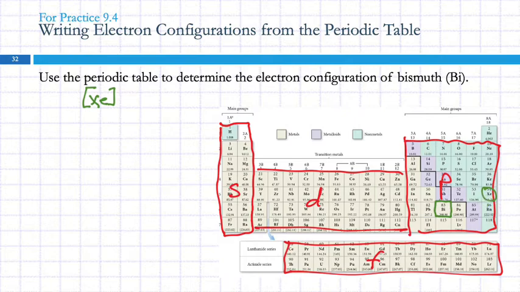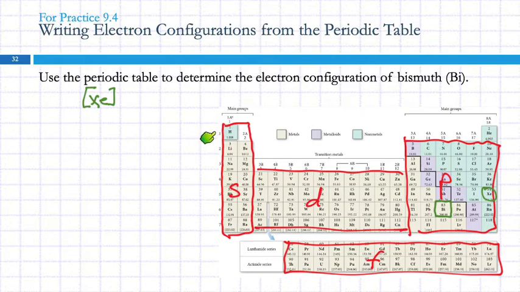And then from here, I'm going to go, well, of course my line here covers up the row numbers. If your periodic table doesn't have period numbers or row numbers on it, it's very easy to add them yourself.